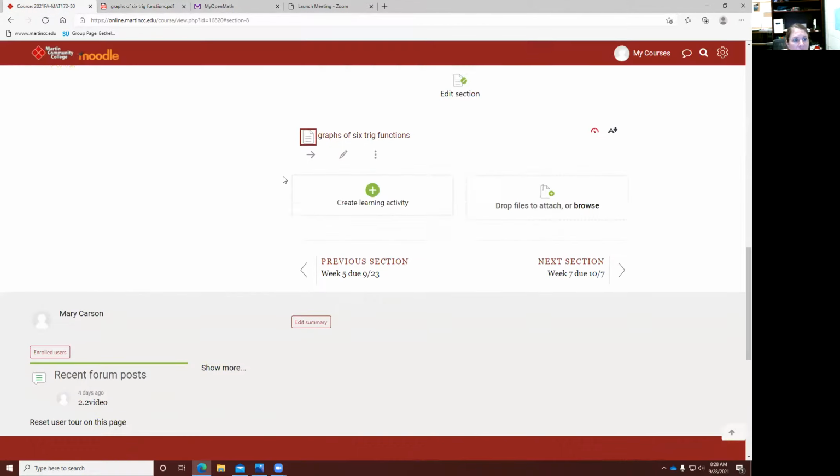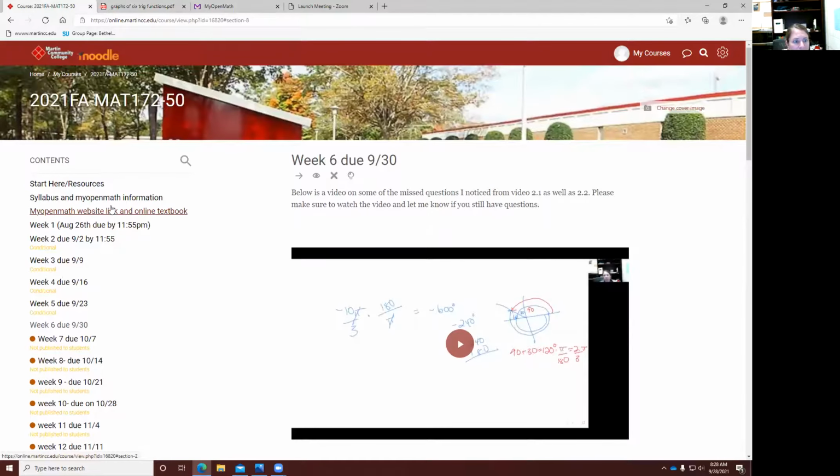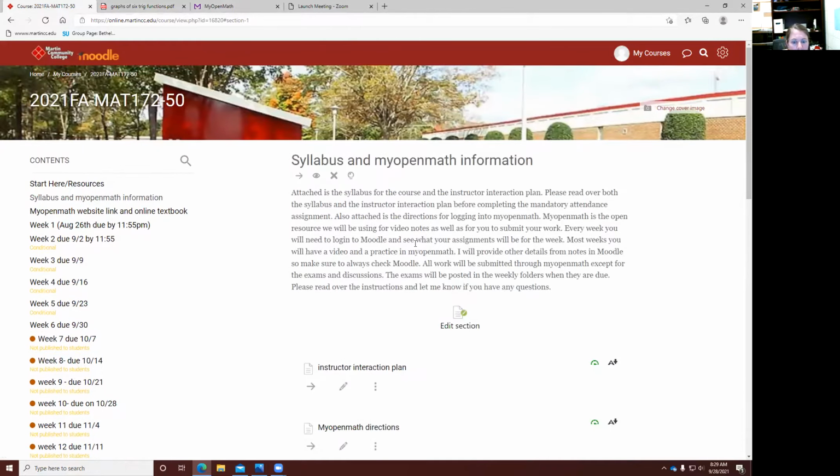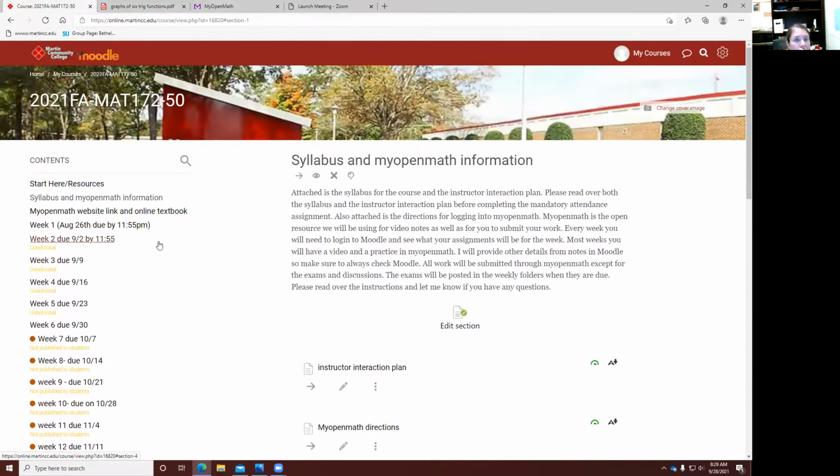Like I said, there's a link up here for adding a calculator. If you don't have a graphing calculator, I would suggest you probably get one, but there's a download that you can do.